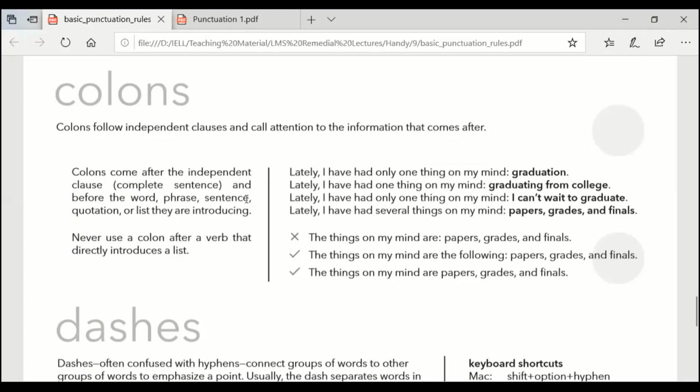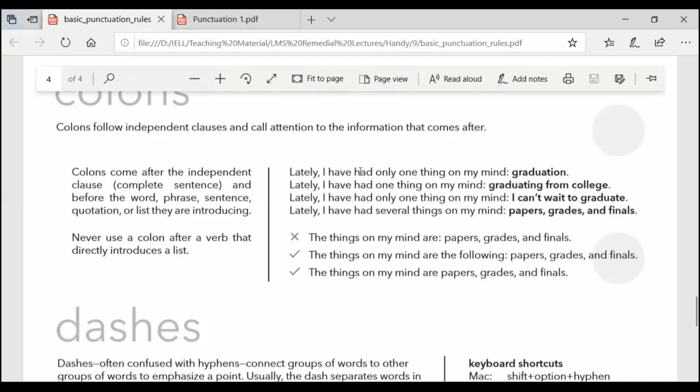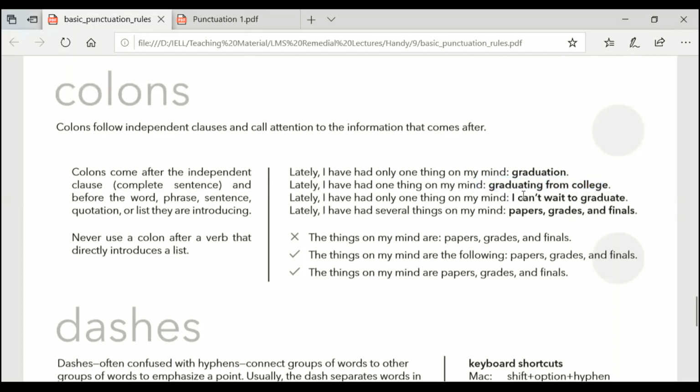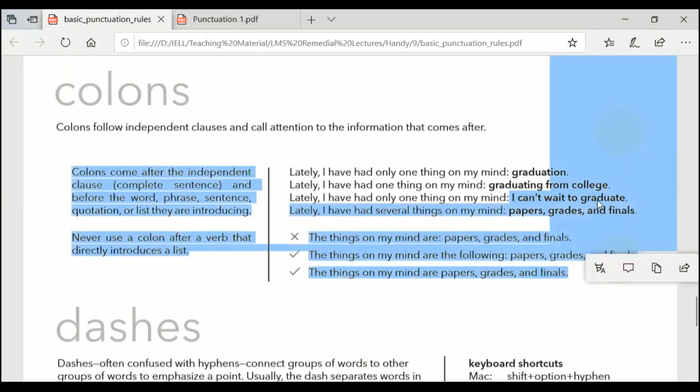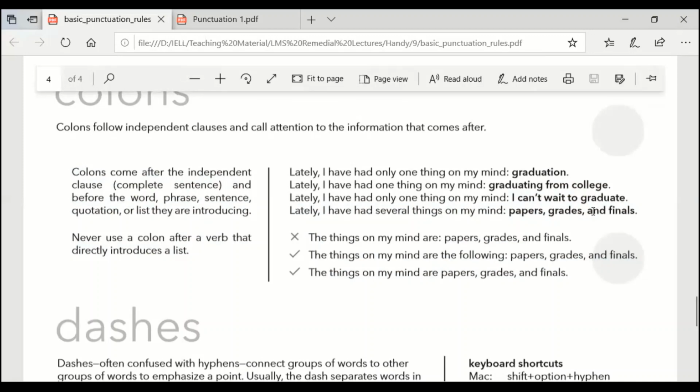For example, lately I have had only one thing on my mind, and that one thing is graduation. Lately the one thing on my mind is graduating from college. I can't wait to graduate: papers, grades, and finals. So it does not necessarily have to be a complete sentence; it could be a word or a phrase.